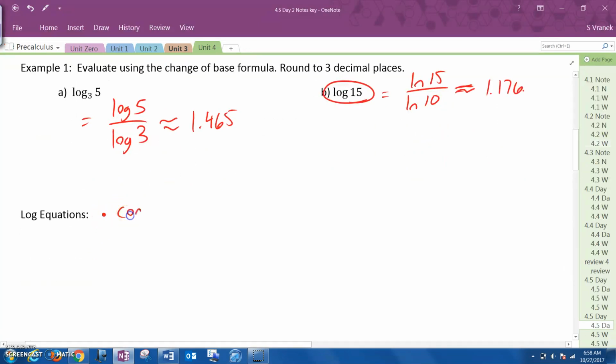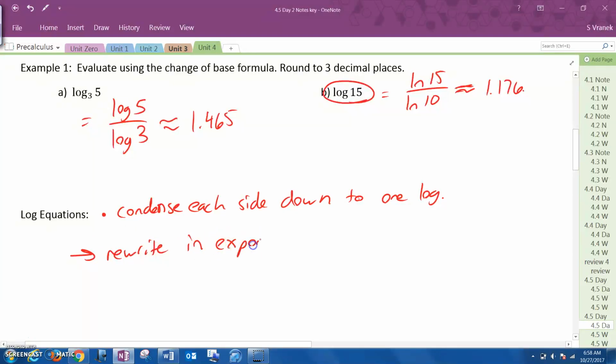So now, when you do log equations, there's a couple things you need to do. First thing you do is condense each side down to 1 log. Then you can either rewrite in exponential form, or the logs cancel if you have one on each side.